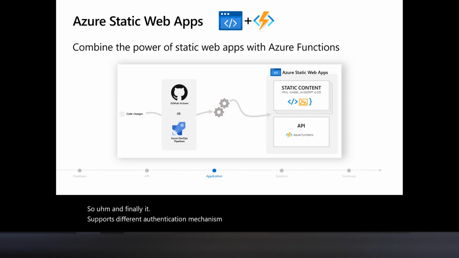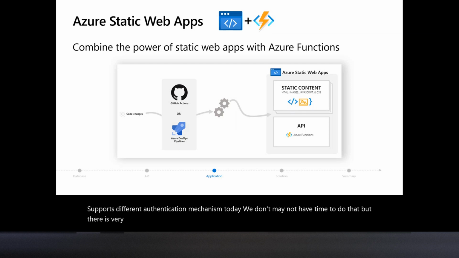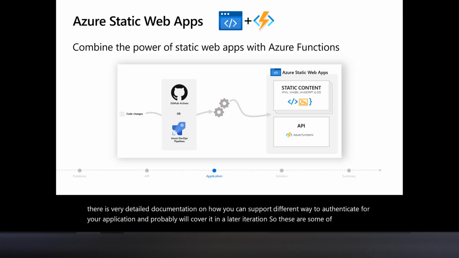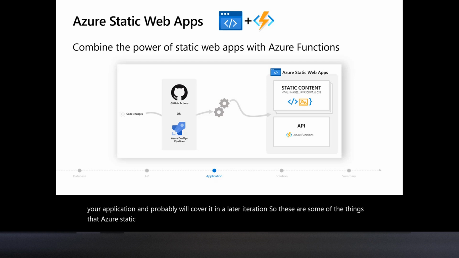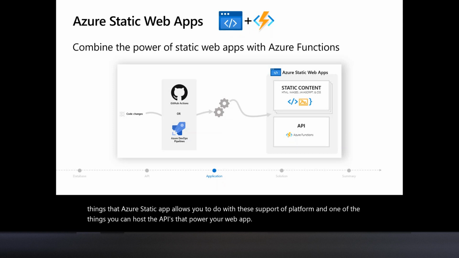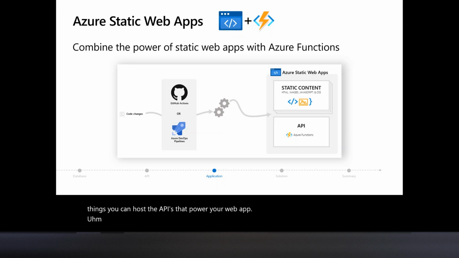Today we may not have time to do that, but there is very detailed documentation on how you can support different ways to authenticate for your application, and probably we will cover it in a later iteration. So these are some of the things that Azure Static Web Apps allows you to do with the support of the platform. And one other thing, you can host the APIs that power your web app using Static Web Apps, or you can host the APIs externally, and we will see both of those things.